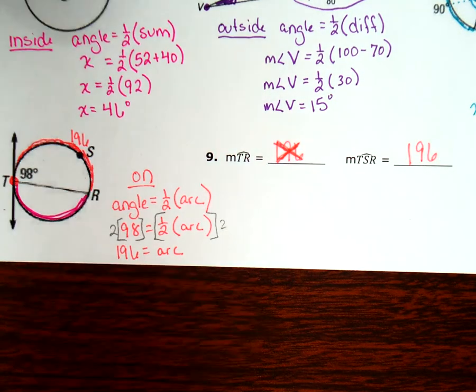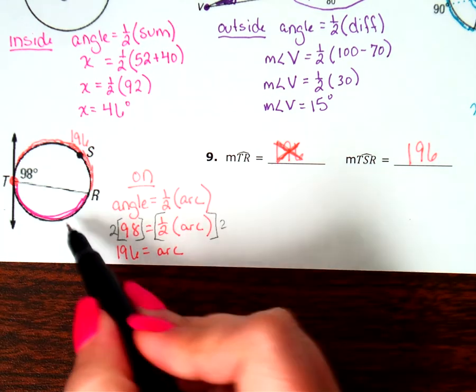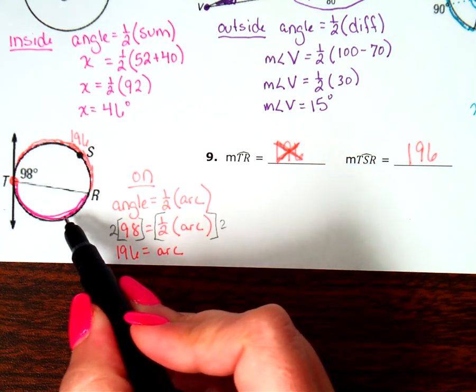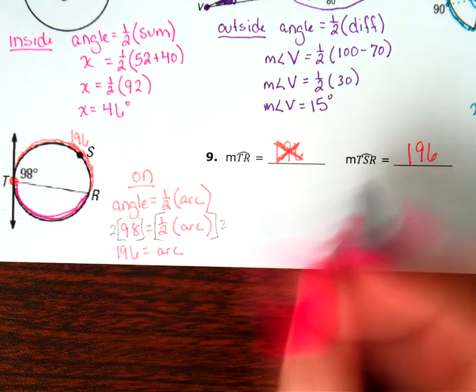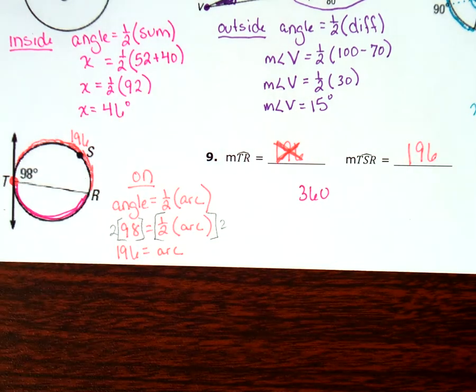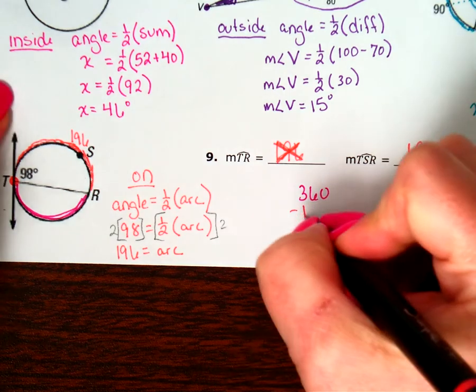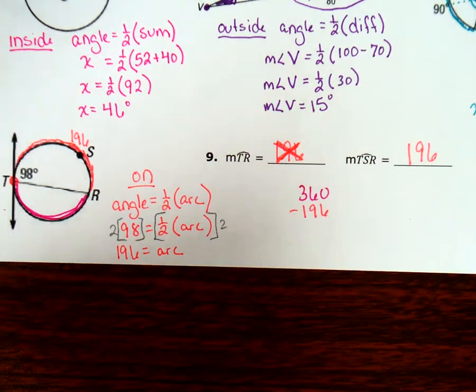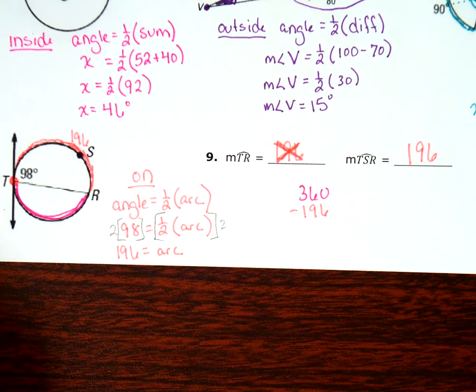Okay, so when we do this piece here underneath, I know the whole circle has to be 360. So if I used 196 already, that's going to give me how big the remaining arc is.